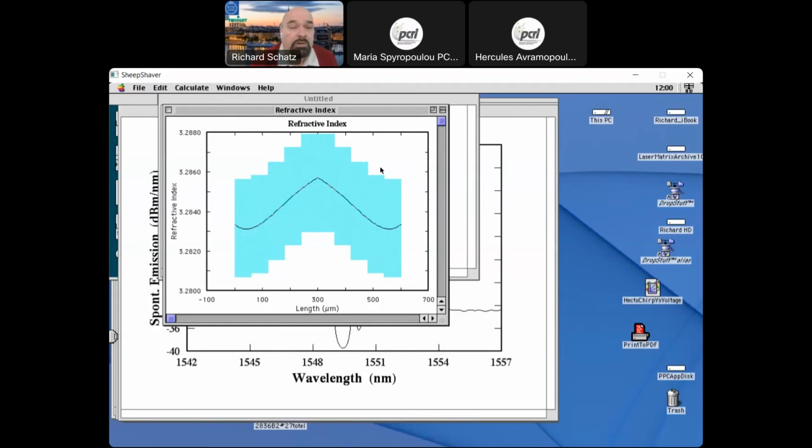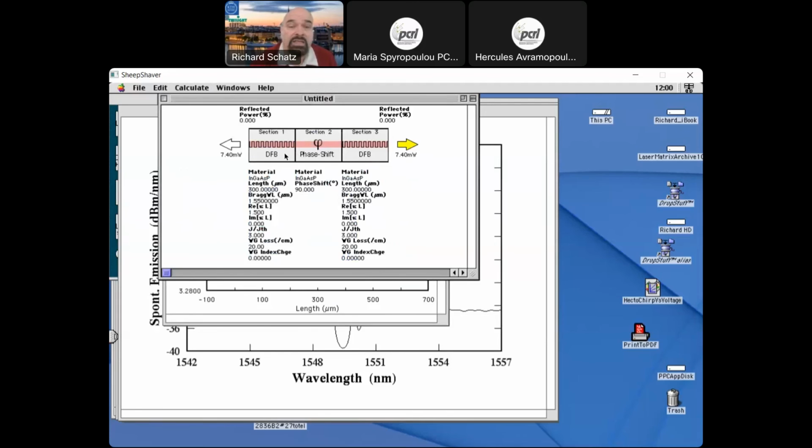The yellow-blue curve here is the grating itself, but you see the average refractive index here in the middle is higher, and that means that the light is going slow here, and this phase shift, the accumulated phase shift here, will not be 90 degrees, but maybe 180 degrees, and then you are back to an ordinary DFB laser, without any phase shift.